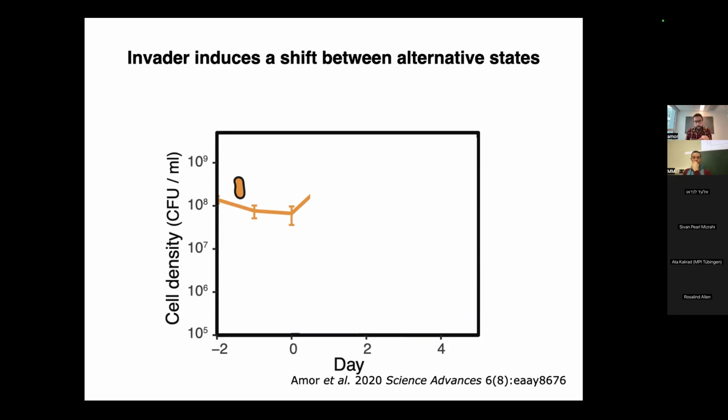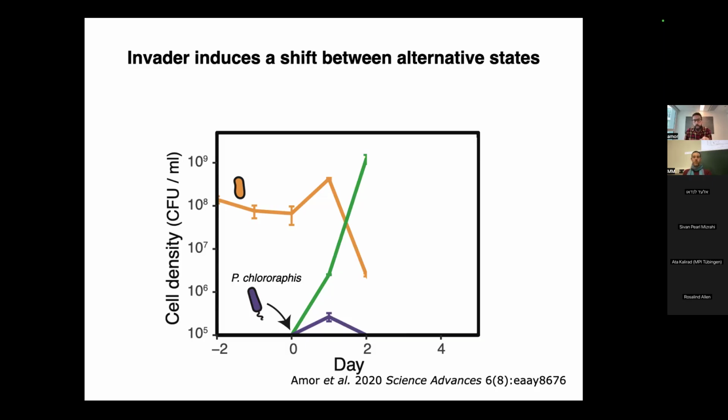So we are in this state at the moment in which we introduce the invader, and we have here this Pseudomonas chlororaphis that enters the system. And at this point, we see that it can invade, so it goes up in abundance, but also the green microbe that was below the detection limit also starts to increase.